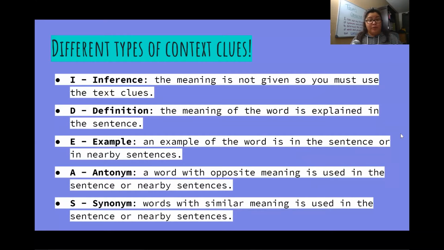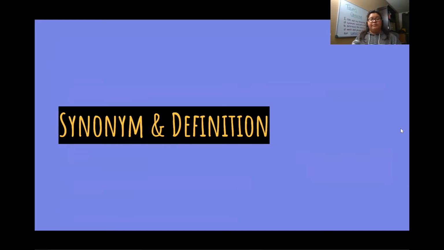You're going to go over that one tomorrow. And S is for synonym. A word with similar meaning is used in the sentence or nearby sentences. We're going to go over definition and synonym together because they're very similar. So, synonym and definition, that's what we're going to talk about today.